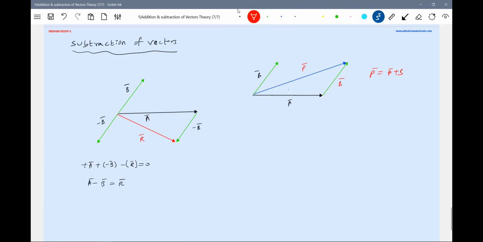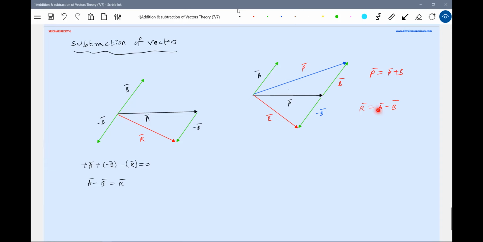Then what about r bar? R bar vector will come in this way. This is minus b bar. The resultant, the red color is what we use. So what is r bar? P bar is the vector sum, the sum of two vectors. And what about r bar?